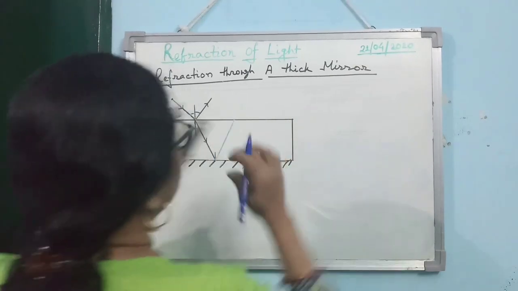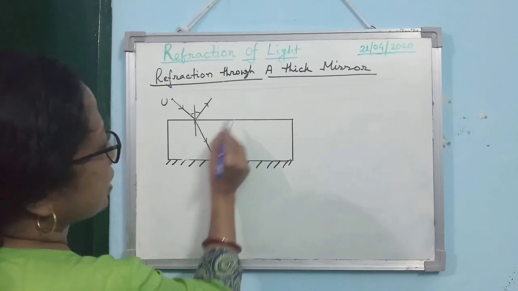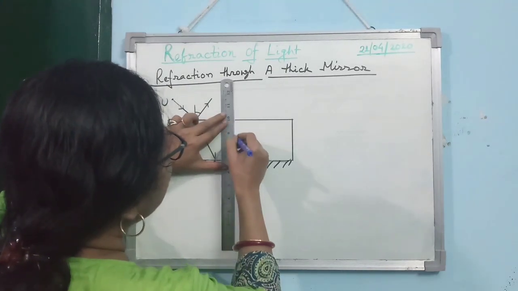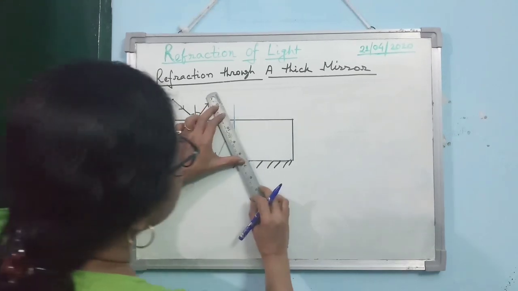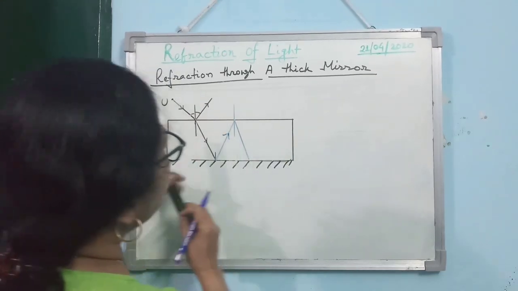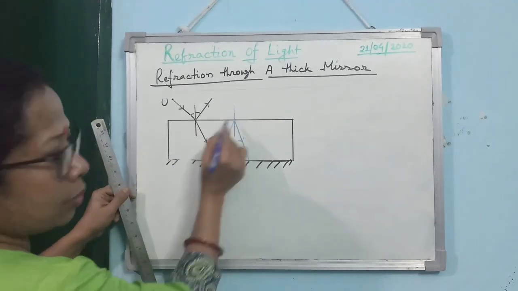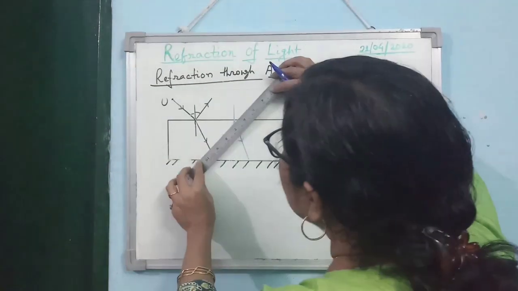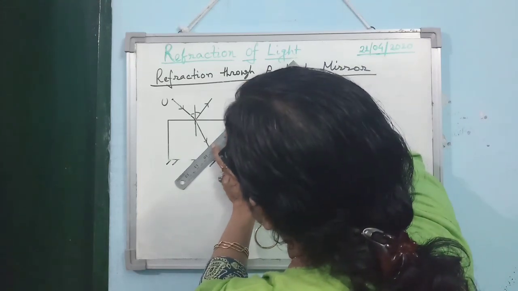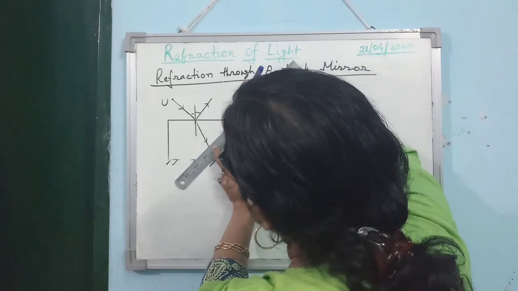Then you see it is falling again on this surface. So when it will fall here, then what will happen? Then again two things will take place. Certain amount of light, that will be the less amount of light, will suffer reflection, and most of the light will be refracted. Now when we will draw the refracted light, then what you will do?